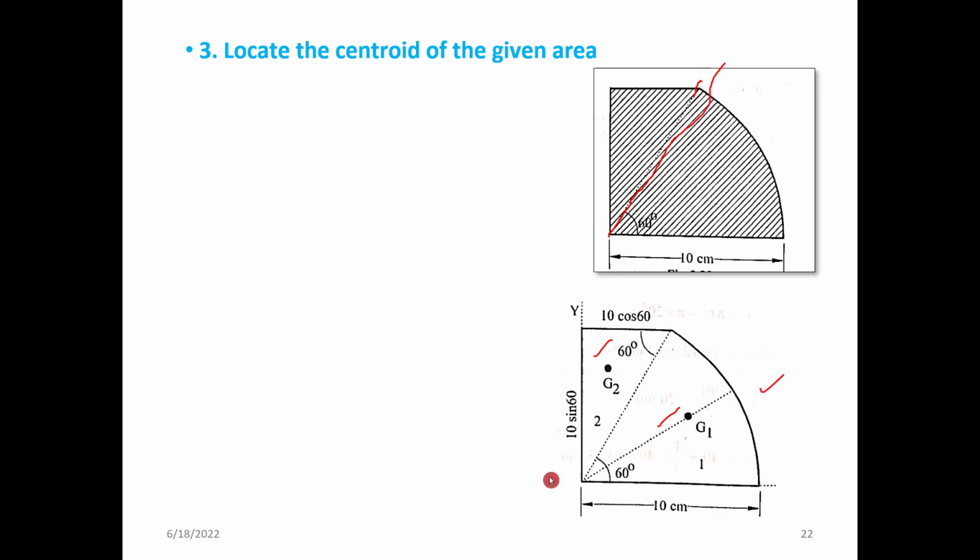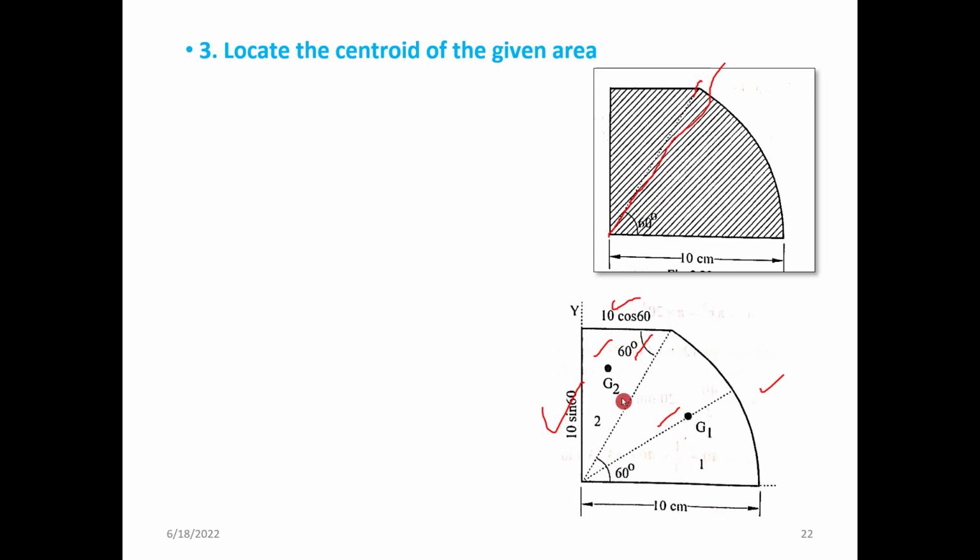So you can find the necessary values: 10 sin 60 will be the total height, 10 cos 60 will be the base width of the triangle. Then as this is 60-degree, this also will be 60-degree on alternate angle grounds.